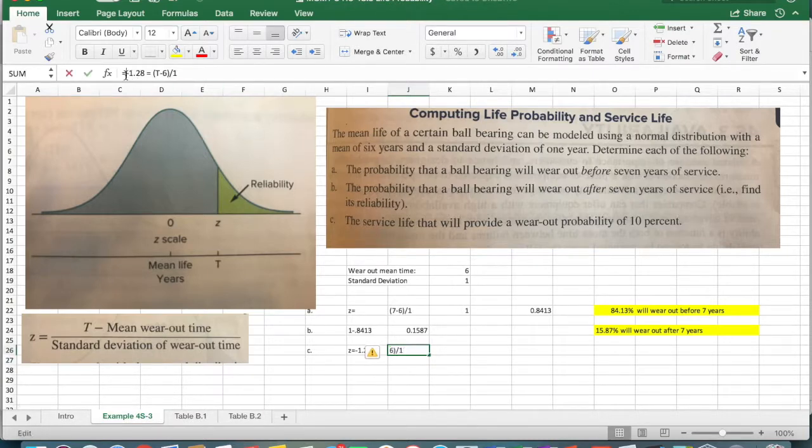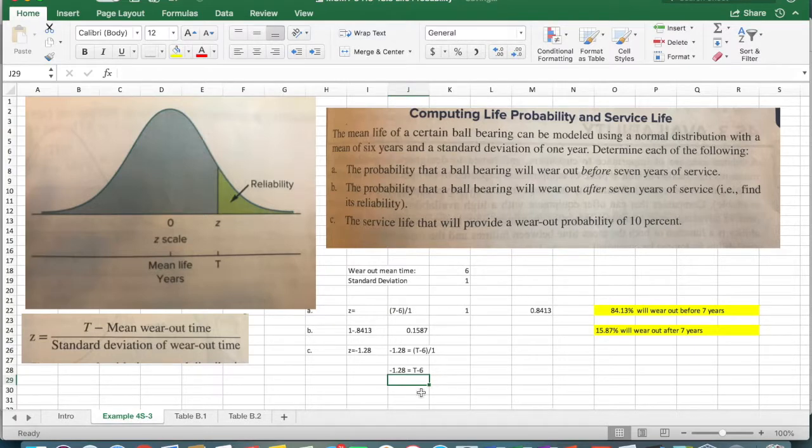Let's divide both sides by 1, and we come out with negative 1.28 equals t minus 6.